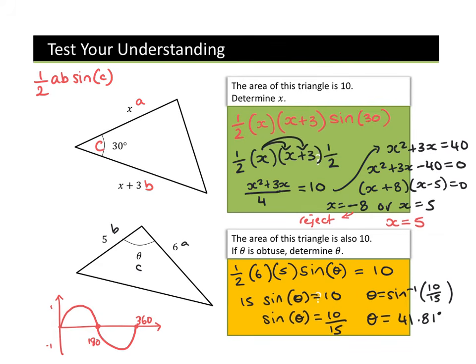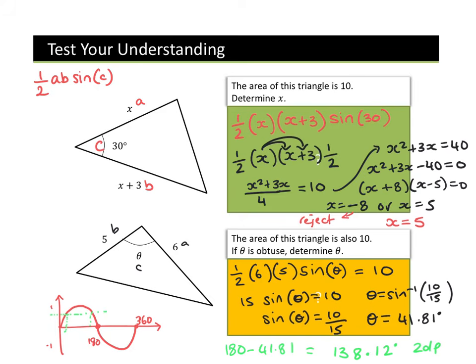Okay, if you think 41 degrees is roughly here, if I go up, you see it crosses at this point, it also crosses at this point. So it's 180 minus 41.81 degrees is 138.12 to 2 decimal places.